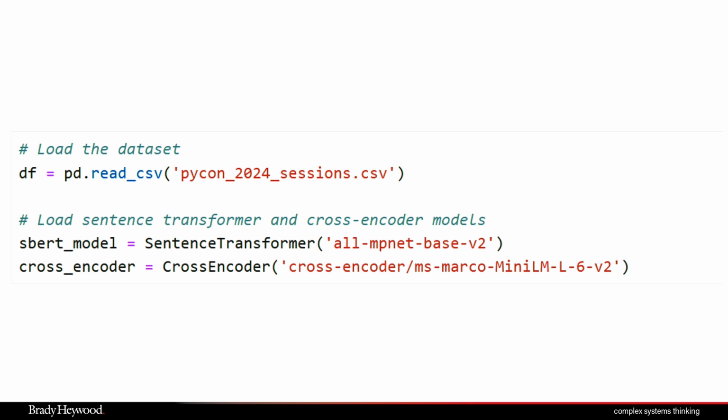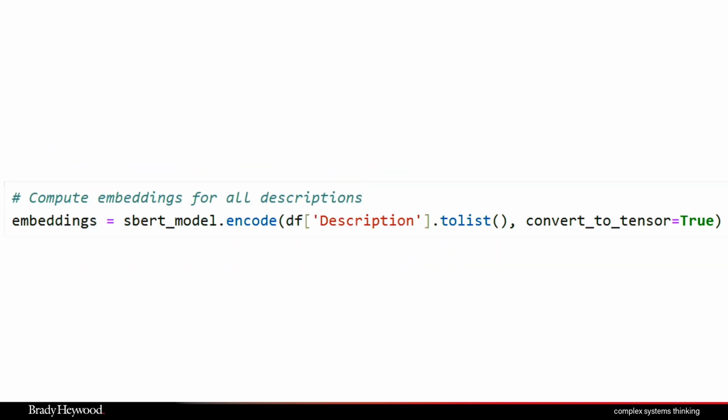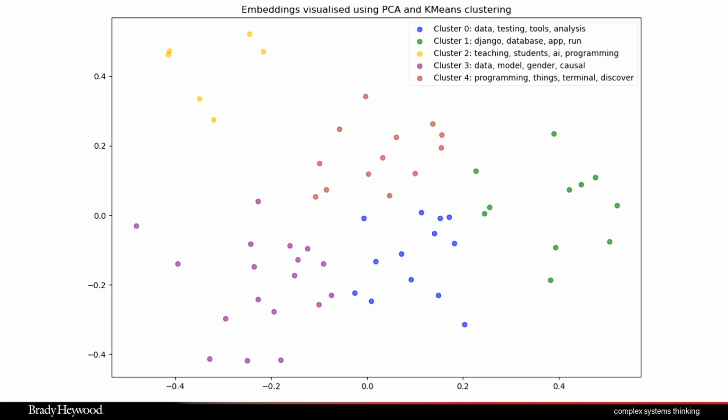And I'll tell more about the cross-encoder model later. Using the sentence transformer model, we calculate all of the sentence embeddings for all of our descriptions, all in one line of code. And then, like we talked about before, we can compress these embeddings into just 2 dimensions, and we can plot them.